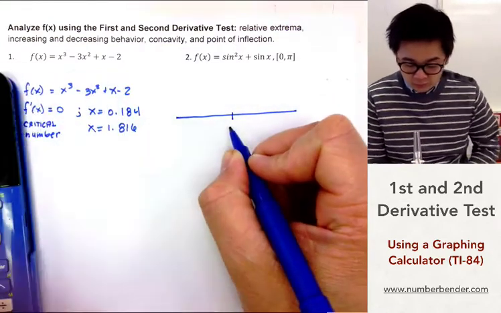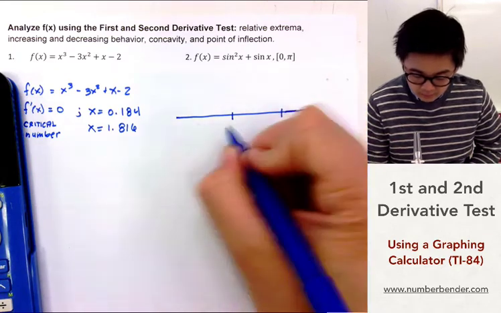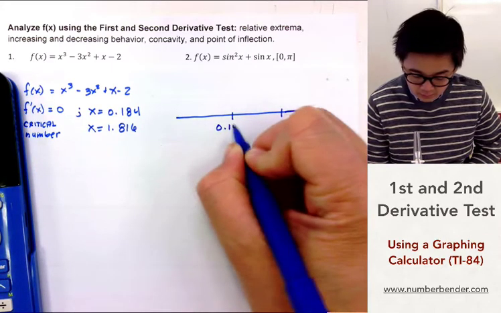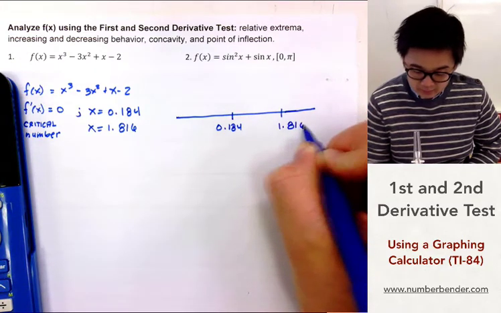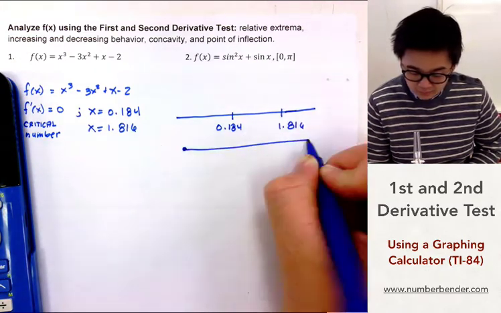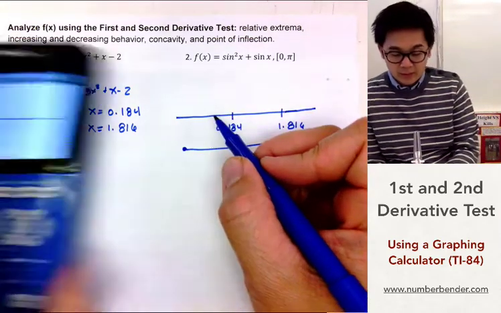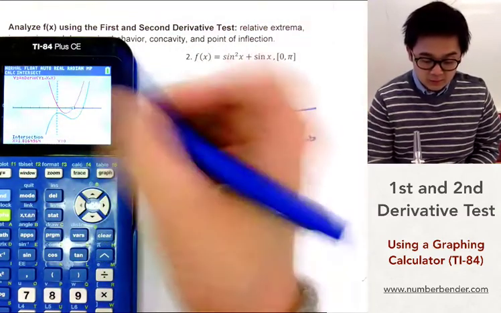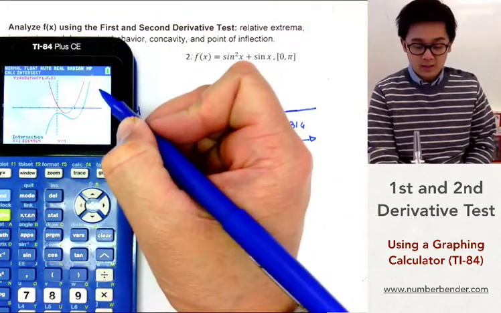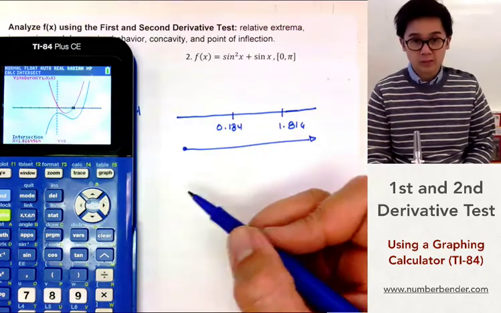So we have two critical points: this is 0.184 and this is 1.816. Coming from left going to the right, the parabola. So in our calculator, we know that for the derivative function, above the x-axis is positive for the derivative, and below the x-axis will be negative.